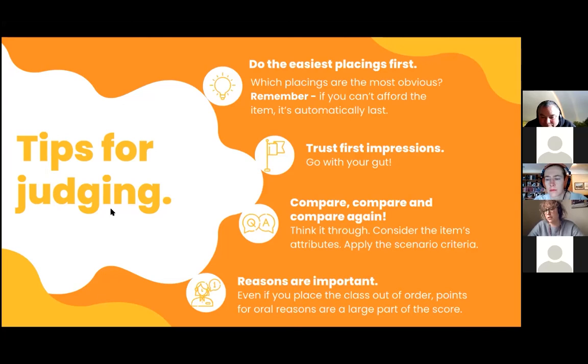The way the matrix helps you with that is, if you're looking at two of the items and you're just not sure at first glance which is superior, then we can go through and say, okay, we're looking for X, Y, Z. So how do these two items measure up? And the reasons are important. Like we talked about with the scorecard, there's 50 points for getting the proper order, for the proper ranking.